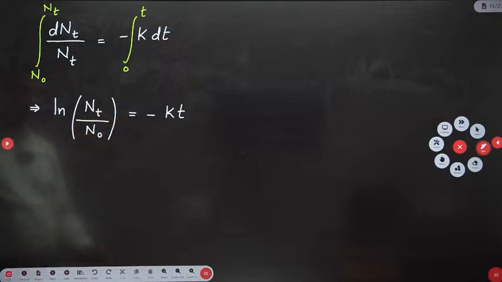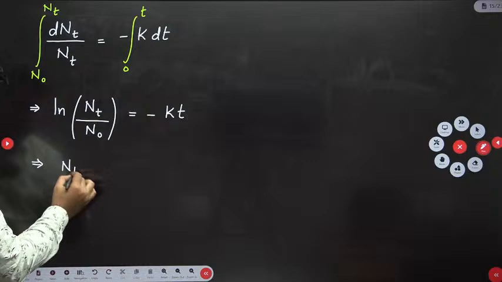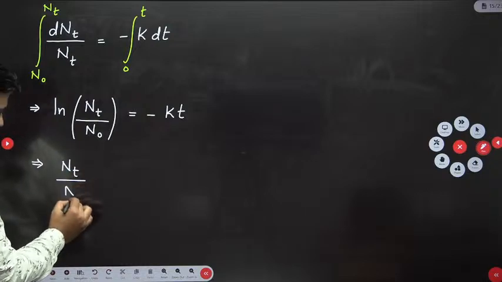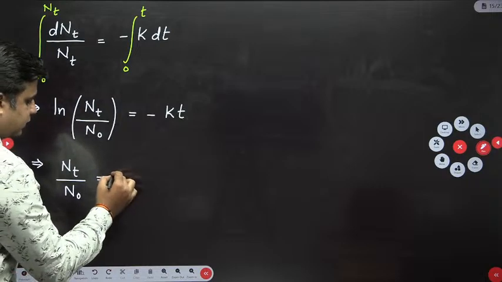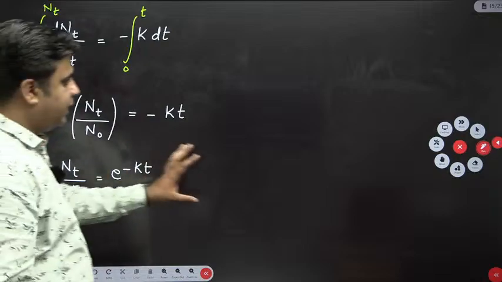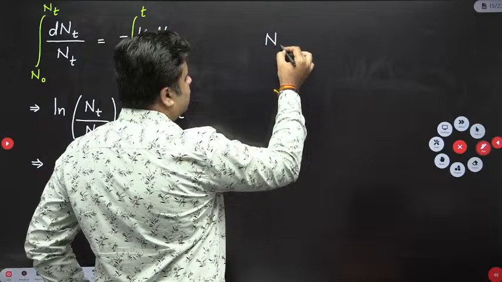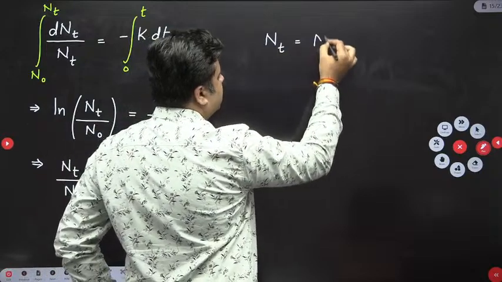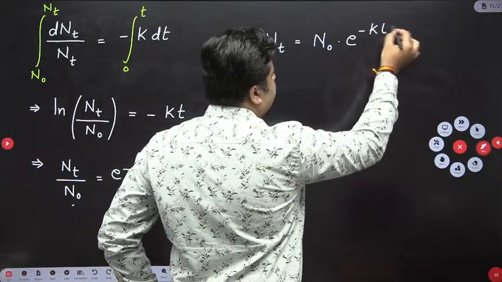Just take the antilog. So you have Nt by N naught is equal to e raised to the power minus Kt. So from here I have an expression: Nt is equal to N naught into e raised to the power minus K into t.